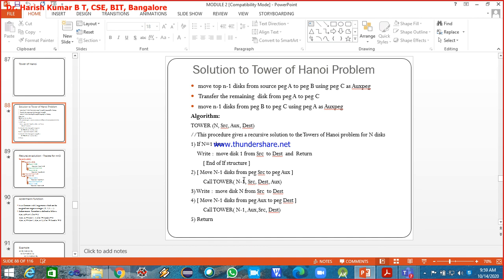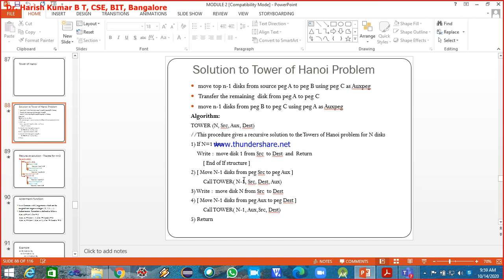And next what you do? Move the last disk from source to the destination. And next what you do? Move the n minus 1 disks which are there on the auxiliary peg to the destination using source as the temporary. So this is the logic.